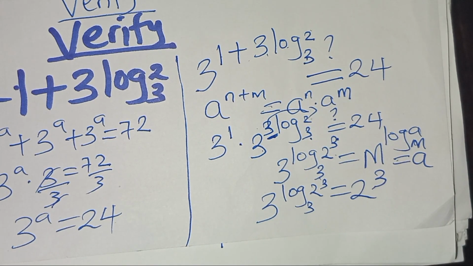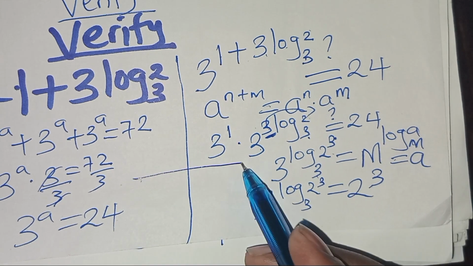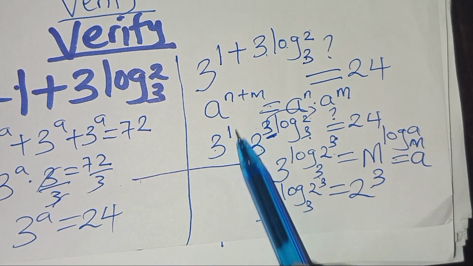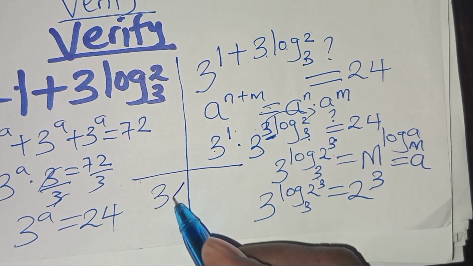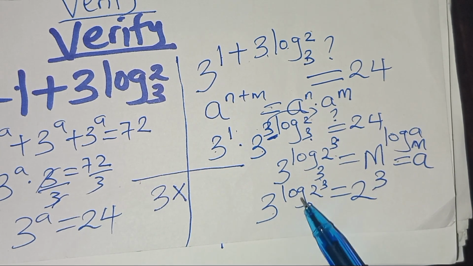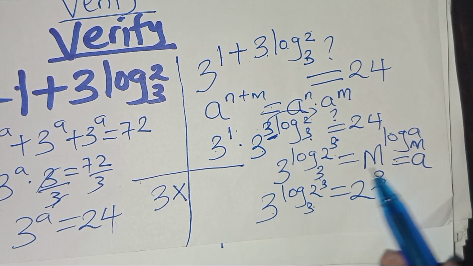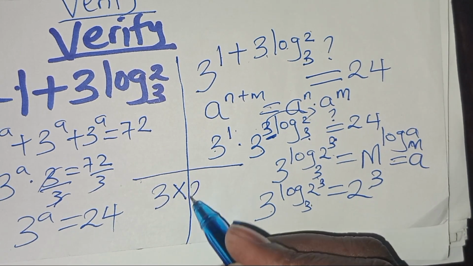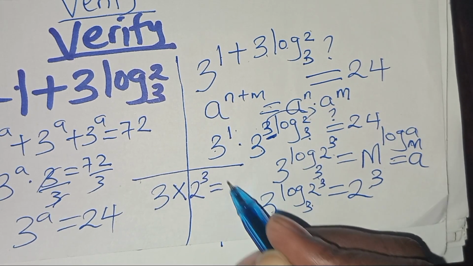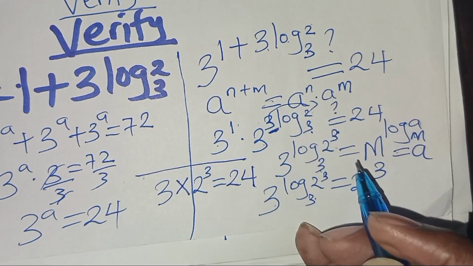Now, essentially here, we have that 3 to the power 1, that is 3, times 3 to the power log 2 cubed to base 3, which is 2 to the power 3. This should give us a value of 24.